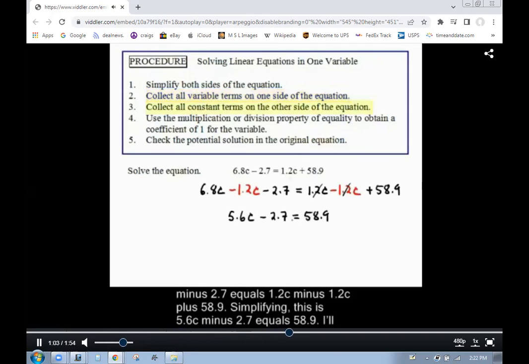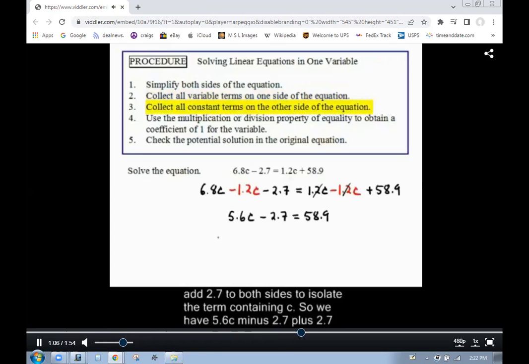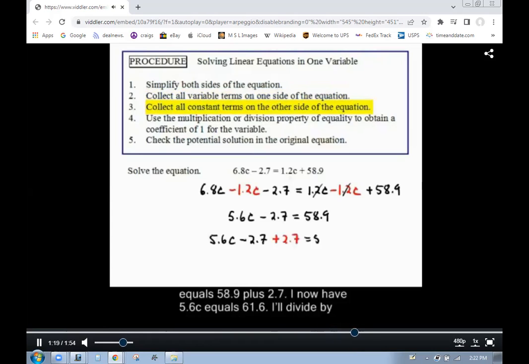I'll add 2.7 to both sides to isolate the term containing c. We have 5.6c minus 2.7 plus 2.7 equals 58.9 plus 2.7.